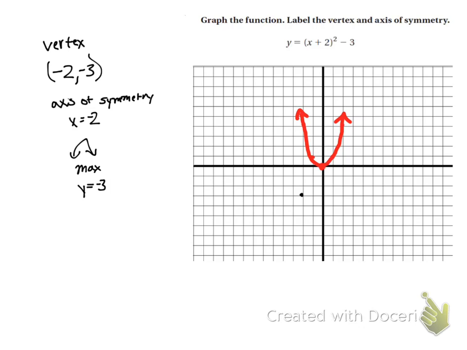It doesn't stretch either way, so therefore we can just graph the parent graph from there, which is 1, 1, 2, 4. And then boom. And that is the graph in black.